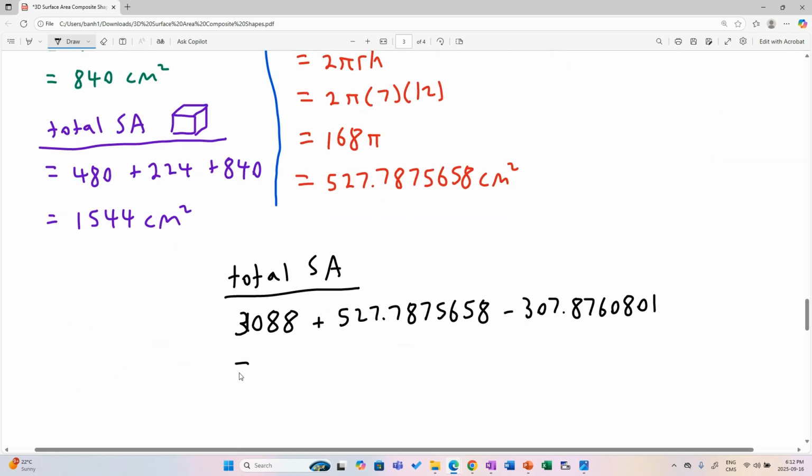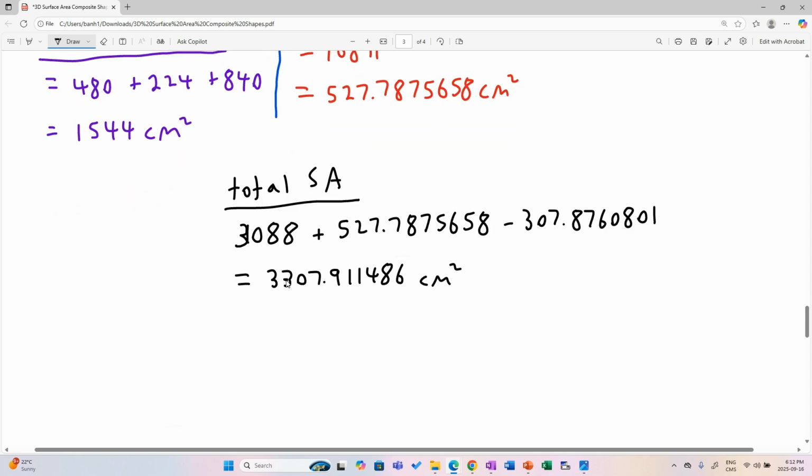And if I do that, I should get a total surface area of 3307.911486 centimeters squared. Notice I carry all of my digits and don't round until the end.